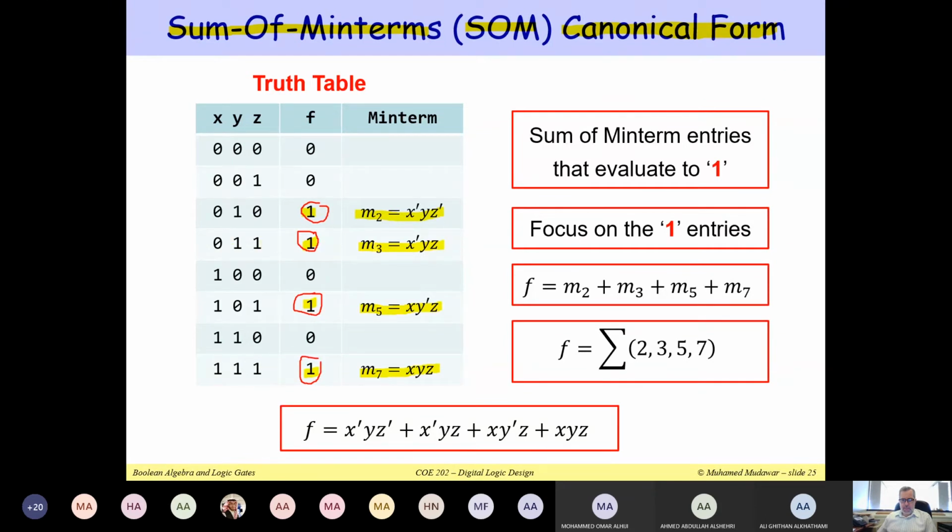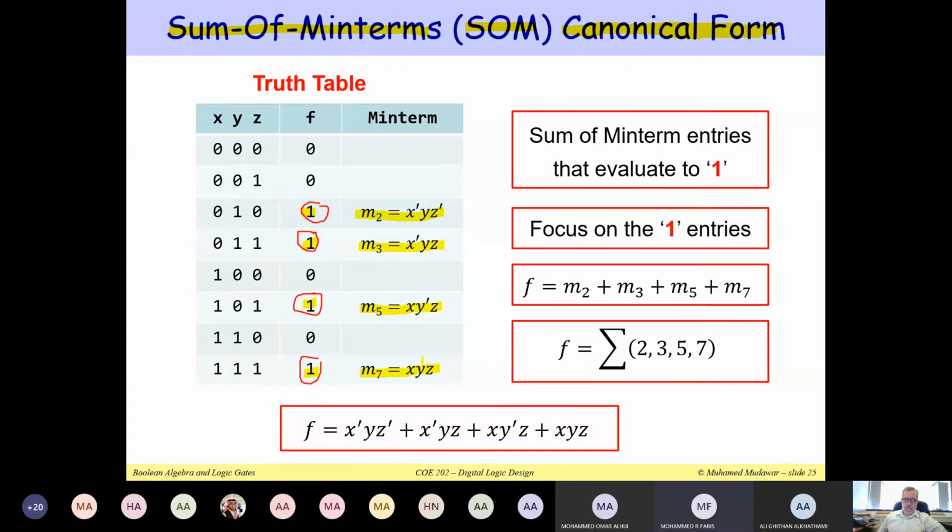For 0, 1, 1, this is minterm 3. For 1, 0, 1, it's minterm 5. And for 1, 1, 1, it's minterm 7. And we can write it mathematically like this in sigma notation. So these are the minterms, and we can write it algebraically as a sum of minterms. Doctor, why don't we need the zeros?